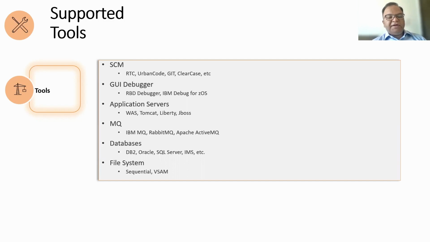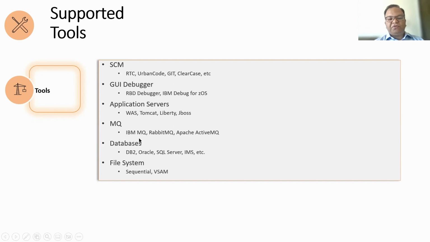GUI debugger: we have a debugger of our own within the Eclipse environment itself, within the RBD. And if you want to debug an application which is developed in EGL while running in a batch environment, we can do that by integration of IBM Debug for z/OS. Multiple application servers are supported, WAS, Tomcat, Liberty, JBoss, to name a few.